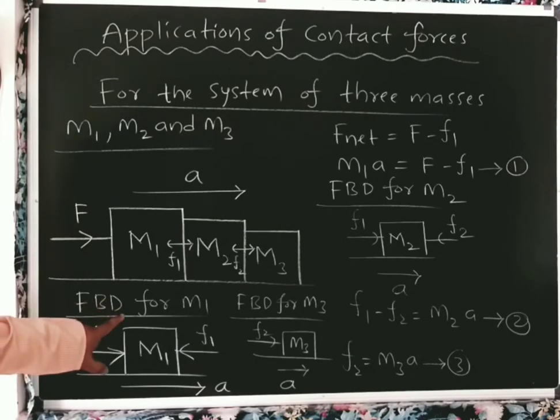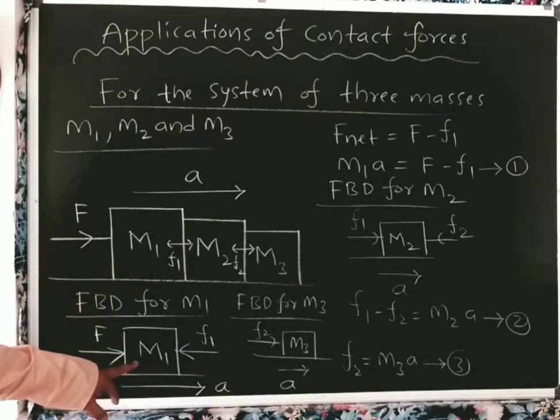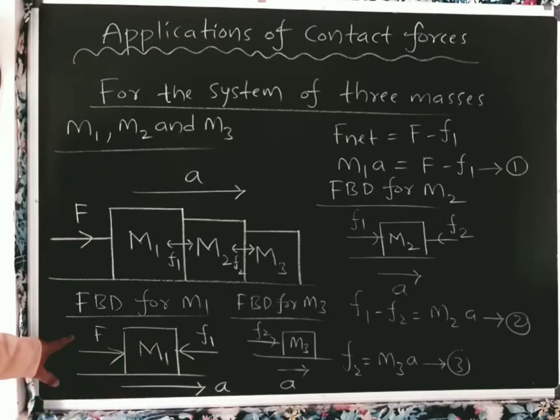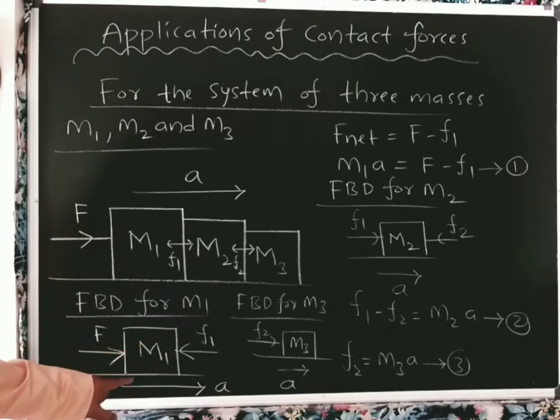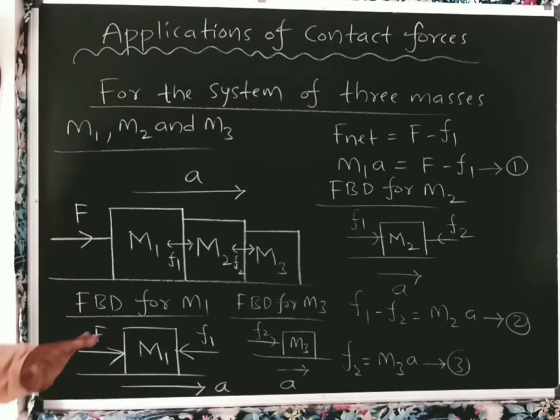Free body diagram for mass M1. So here M1 is located along the horizontal axis, and capital F directly acts on mass M1. The contact force exerted by mass M2 on M1 is F1. Here mass M1 accelerates along the positive x-axis.